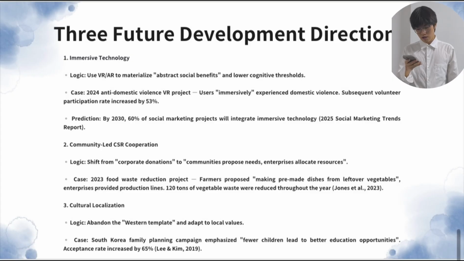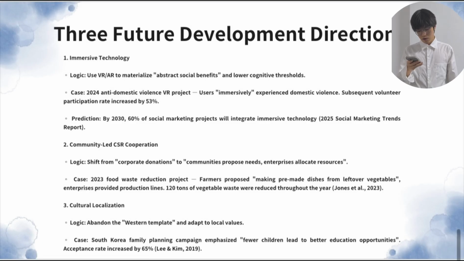The second direction is community-led CSR cooperation. The goal is to change from the traditional model of enterprises donating money to a new model of the community putting forward needs and enterprises providing resources. In 2023, there was a reduced food wastage project.